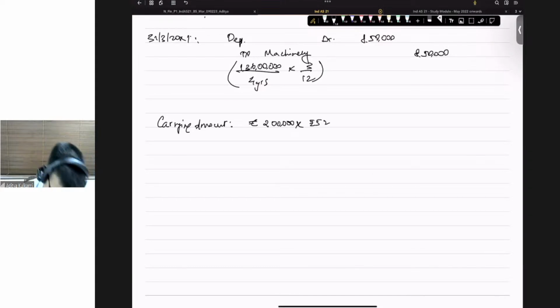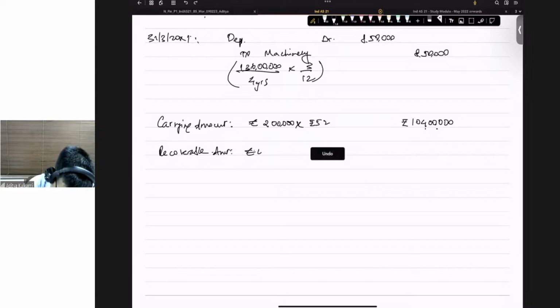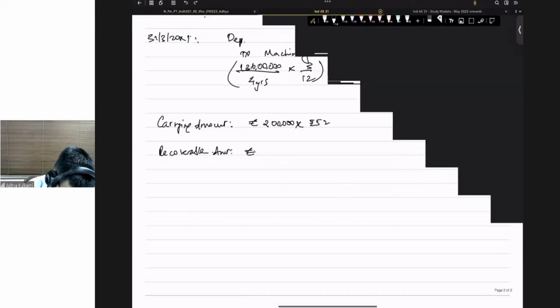So this comes to 104 lakhs. Recoverable amount: euro 1,75,000.